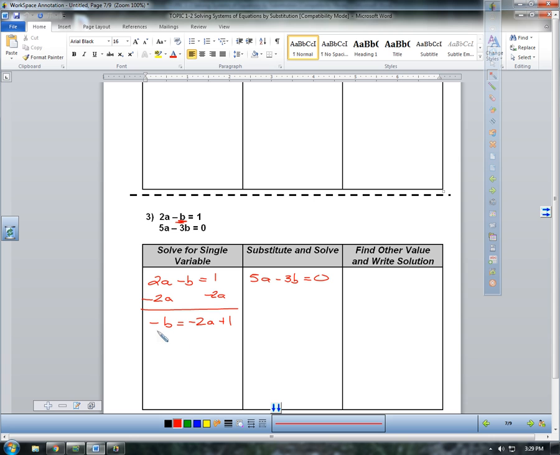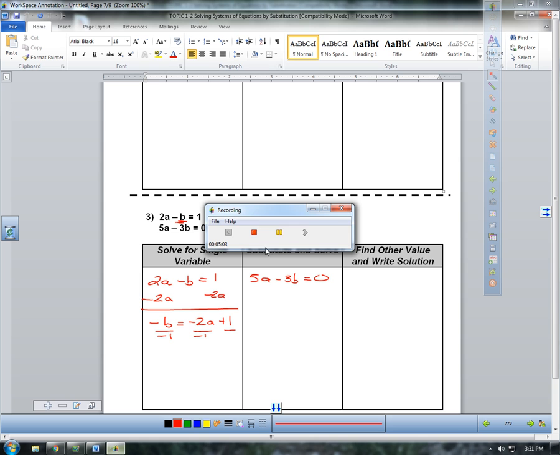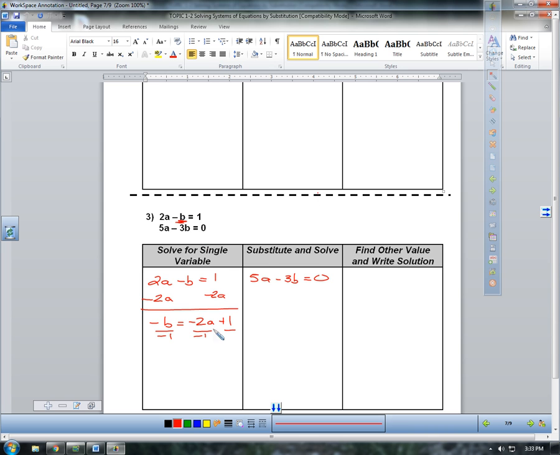Divide by negative 1. Okay. And so I divided everything by negative 1, so I know b will equal 2a minus 1. So anywhere there's a b, I'm going to put 2a minus 1 instead. Okay? So 5a, no b's, minus 3 times, where there's a b, I'm going to substitute 2a minus 1, equals 0.